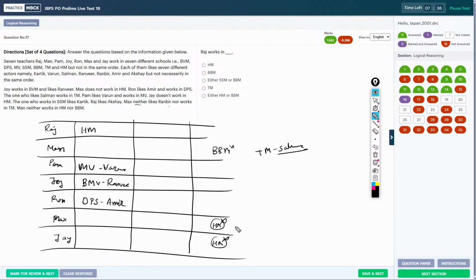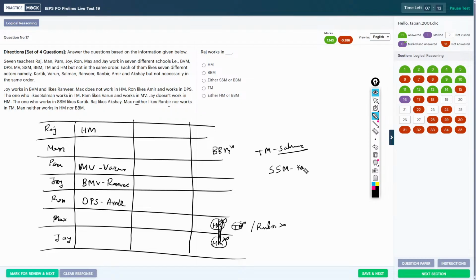Max, not in TM. Okay. So HM also goes. So TM, BM. Okay. Let's see. Max, Ranveer, not. Okay. SSM, Karthik.